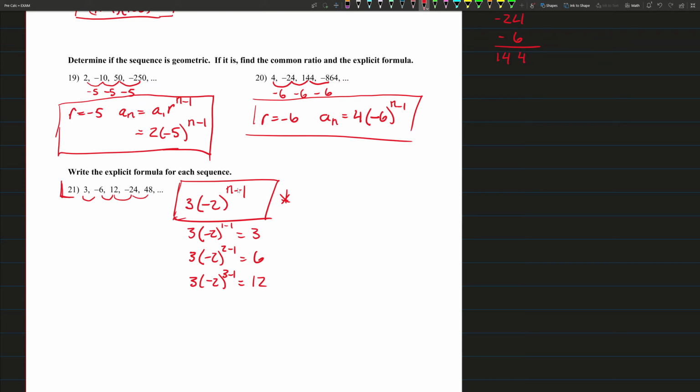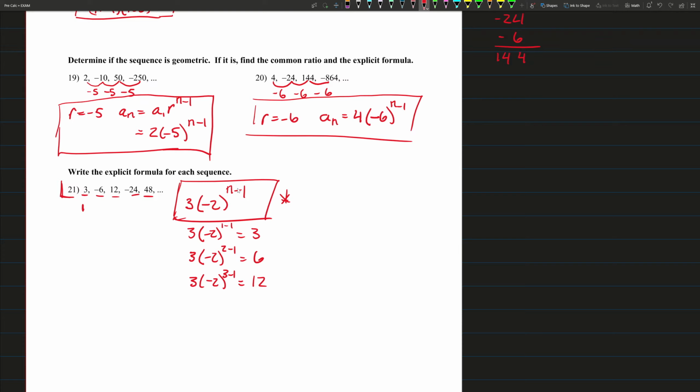Is guess and check the only way to do these? Not really. Like it is kind of. That's kind of how I do it, but you also need to recognize patterns. Like even as I was just listing 3, -6, 12, -24, 48, I could tell we're being multiplied by 2 in some way. But we also have to keep in mind that we're going first term.